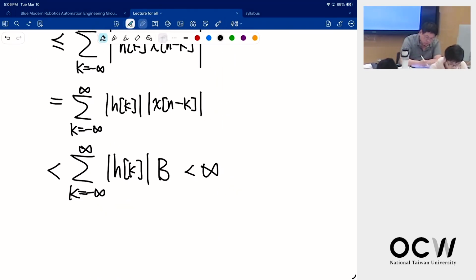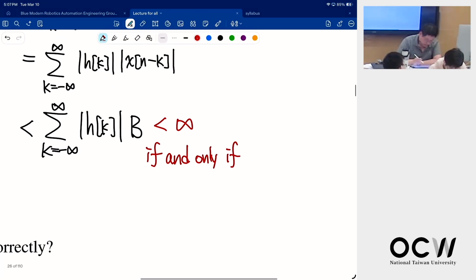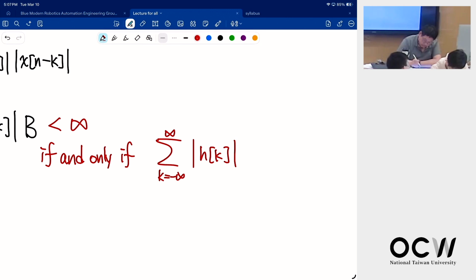If and only if the summation, for all the sum of the magnitude of the system response, is bounded.